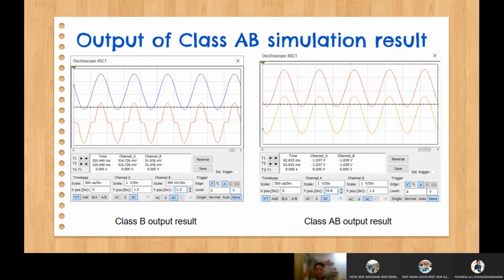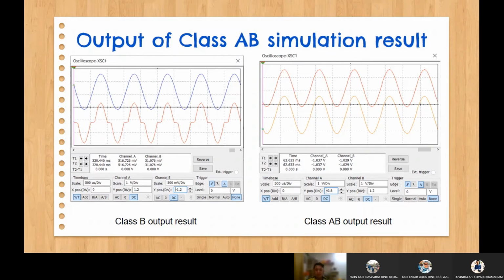So to overcome this type of distortion, by adding the 2 silicon diodes, which have the 0.7 voltage drop, it can activate both of the transistors at the same time during the biasing.